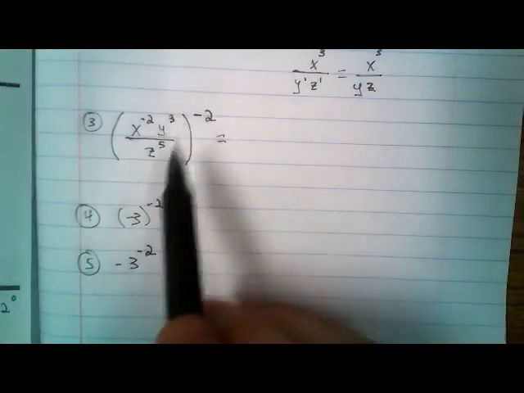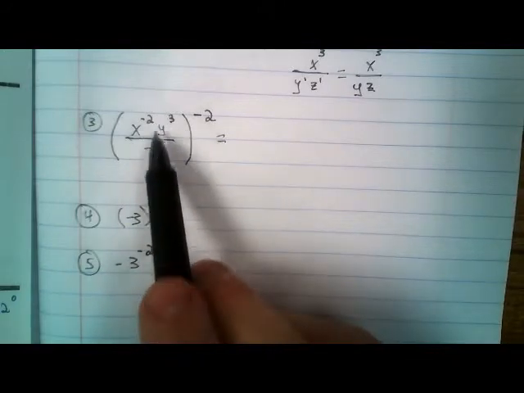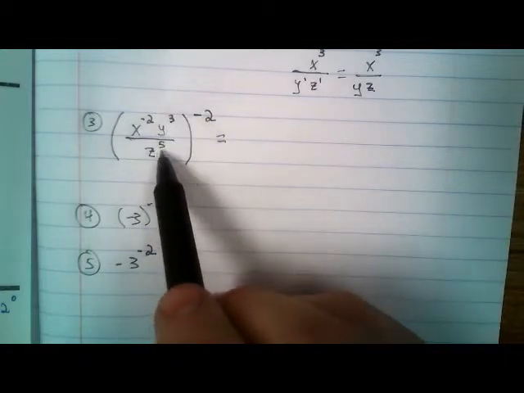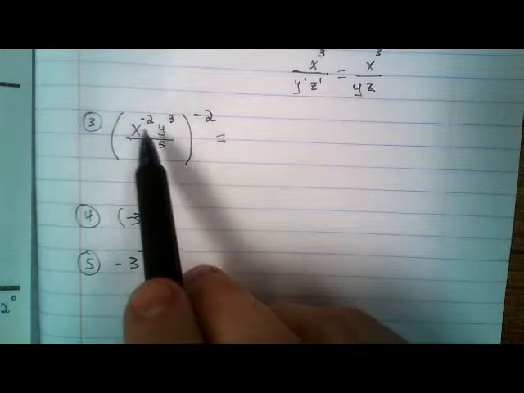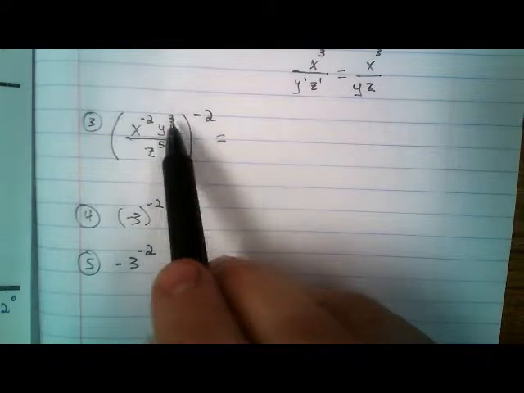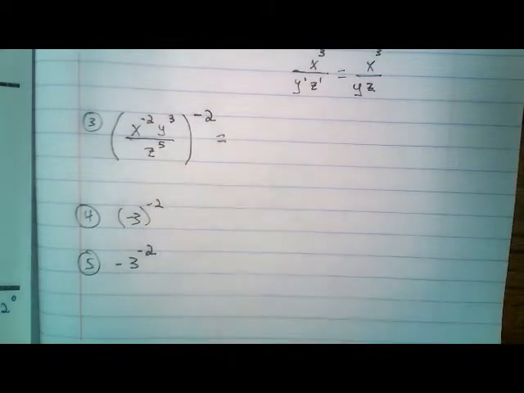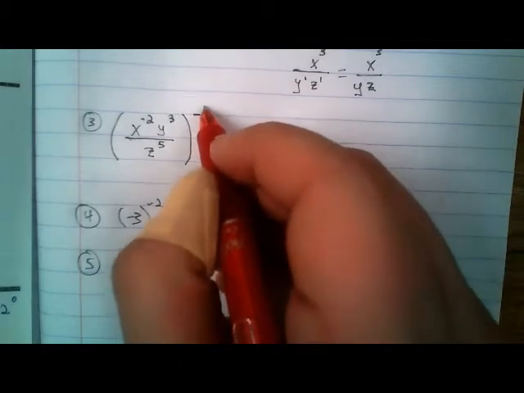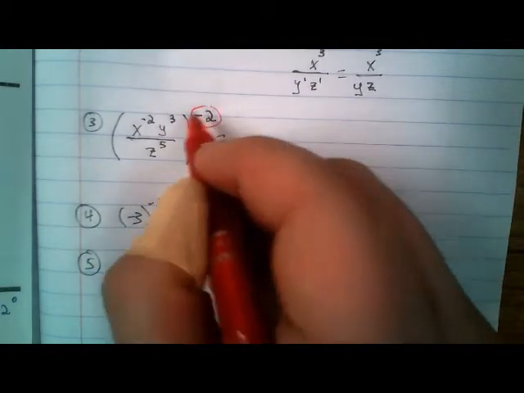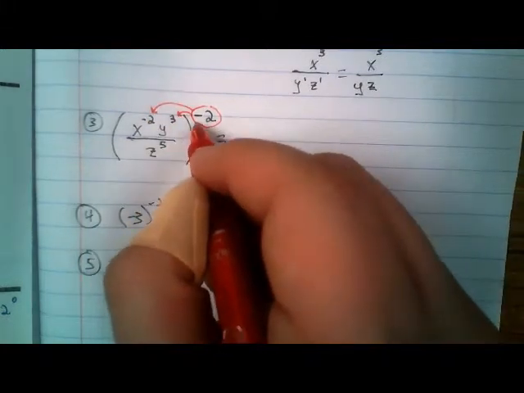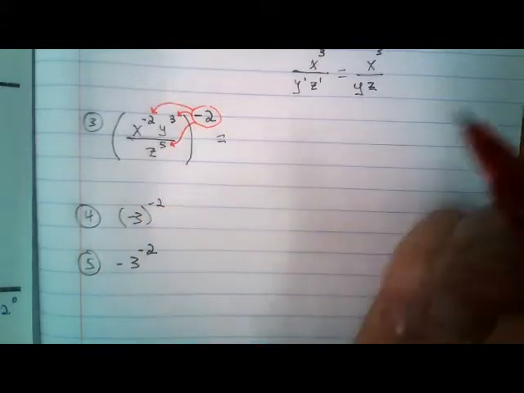So for example 3, we've got some division in here. We've got x to the negative 2, y cubed, z to the 5th. And actually these all have different bases, so I can't combine them together, right? But all of these are being raised to the negative 2 power. So that means if I use my product to a power rule, I am distributing this negative 2 into each of these exponents. Right?